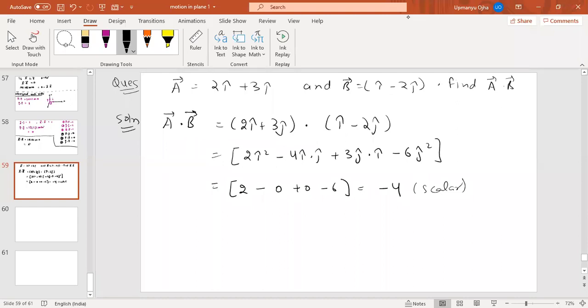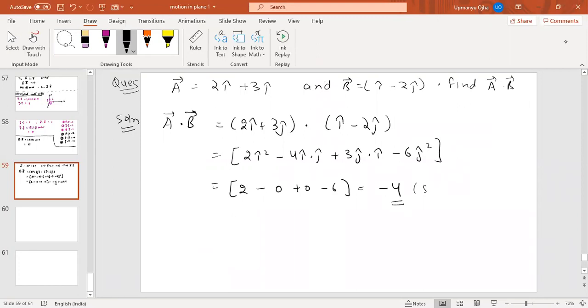So if A and B are given in vector form, then to get the value of A dot B, you multiply the i vector with the i vector and the j vector with the j vector. 2i cap into i cap will be 2, then 3j cap into minus 2j cap will be minus 6. So the answer will come as minus 4.